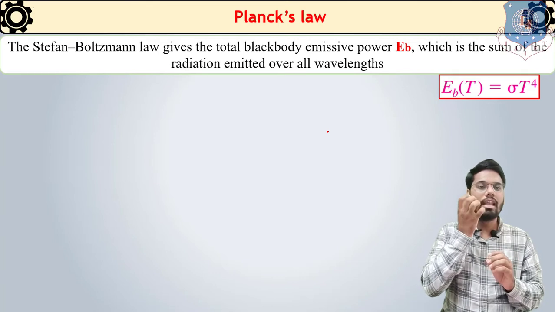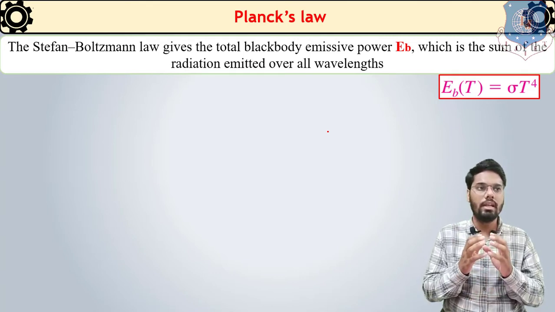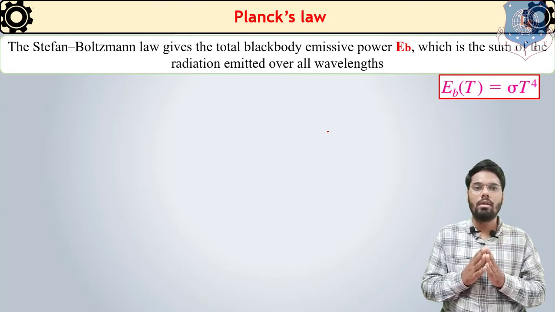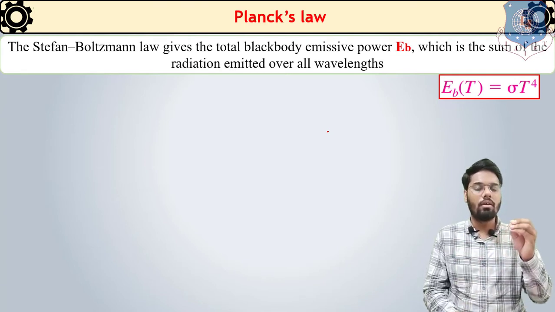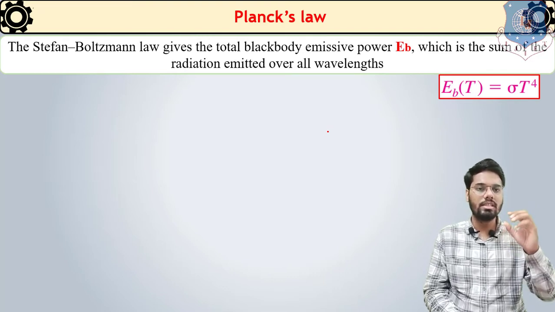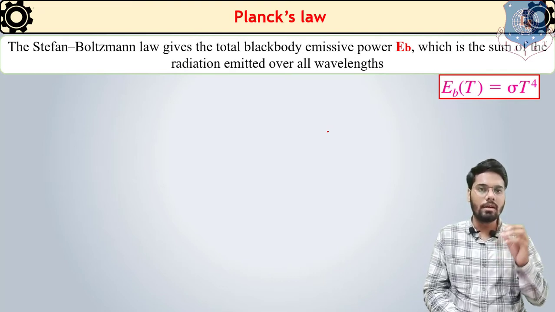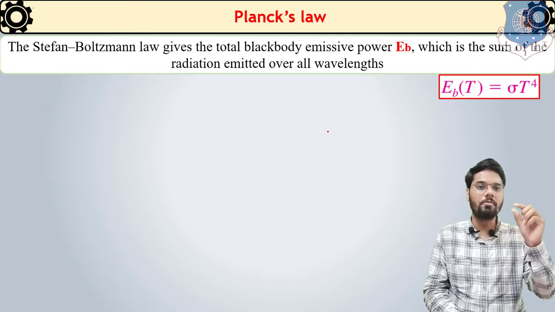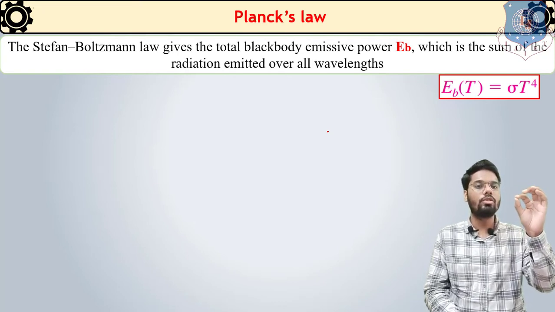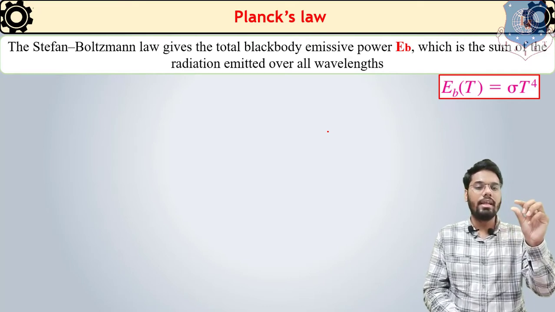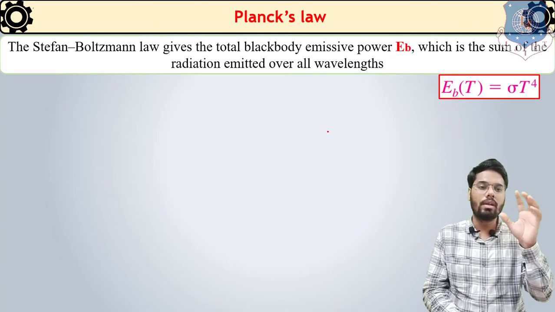Suppose a light bulb emits electromagnetic waves at a particular temperature, but we are interested only in the visible range. We just want to know how much electromagnetic wave is emitted by the light bulb whose wavelength is between 0.4 and 0.76 micron, because this is the only range visible to the human eye.